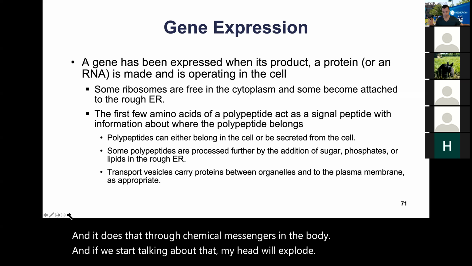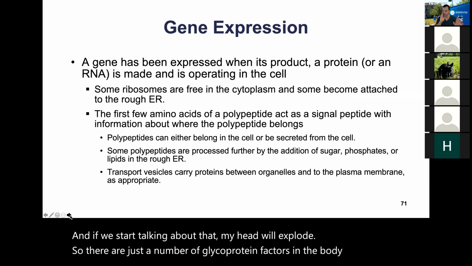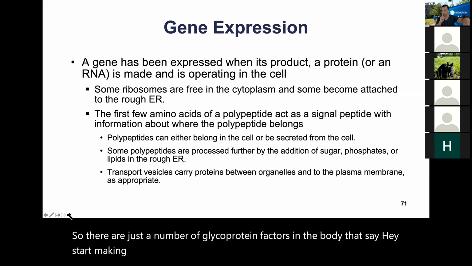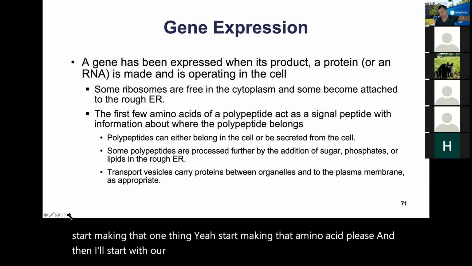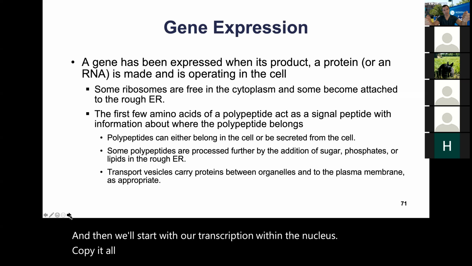Okay. So there are a number of glycoprotein factors in the body that say, hey, start making that one thing. Yeah, start making that amino acid, please. And then it'll start with our transcription within the nucleus. Copy it all. Unzip, unwind, unzip, expose, copy.